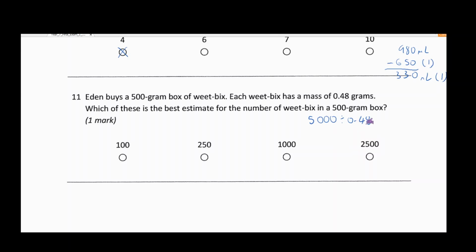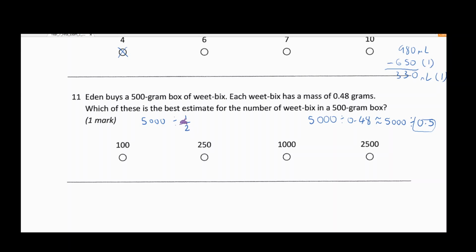Now, that's going to be close to 500 divided by 0.5. Let's look at that as a fraction, 0.5 is 1 over 2.